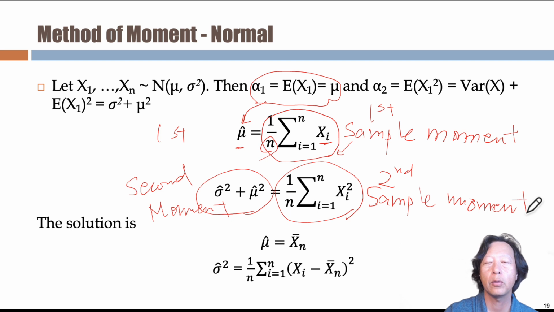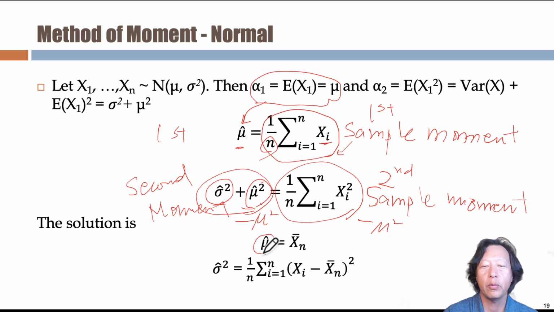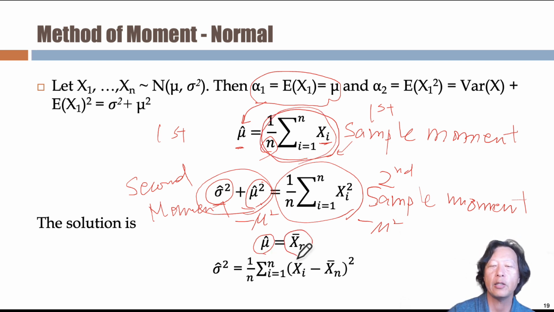Right? So because I want to know the variance, you can move this one, subtracting mu squared from both sides. And what is mu? I don't know mu, but I can tell the sample mean will be the estimator of mu, the mean.